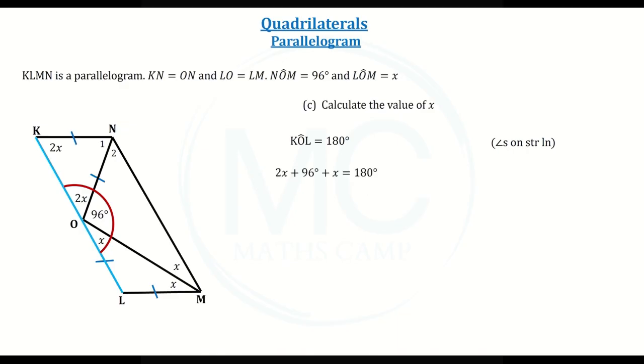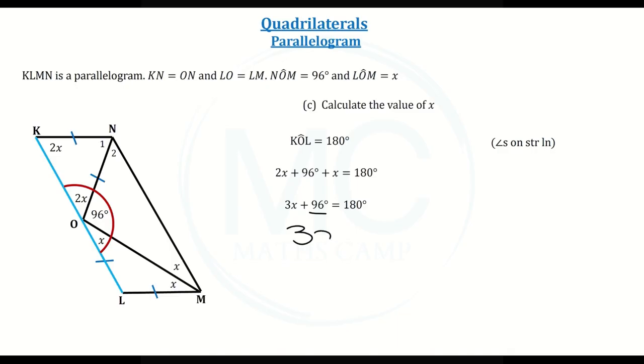Let's start by adding like terms. 2x plus x gives us 3x plus 96 degrees is equal to 180 degrees. To get our x term by itself, we need to move 96 to the right.